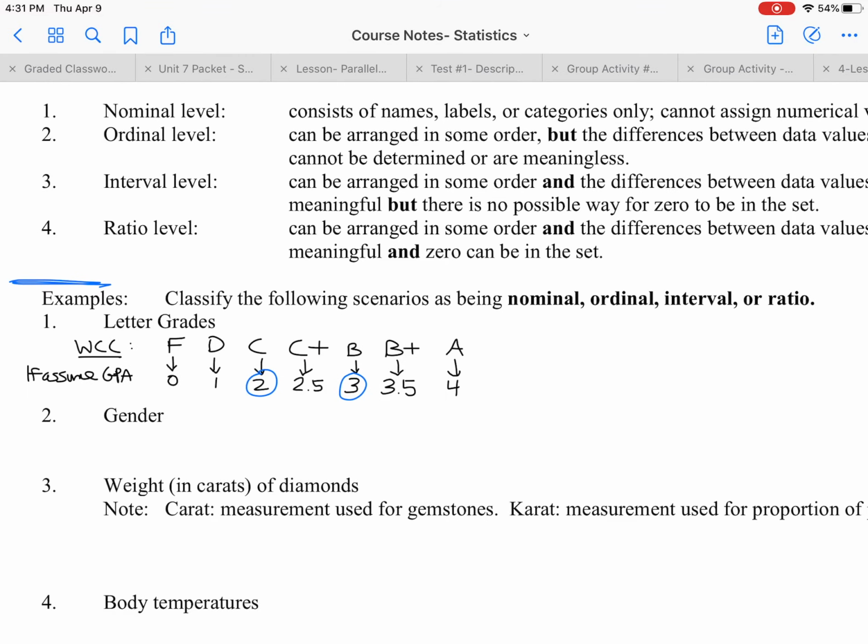So in number one, I took the liberty of getting us started. If we're classifying data as being nominal, ordinal, interval, or ratio, we have to make some assumptions. Well, in some cases.